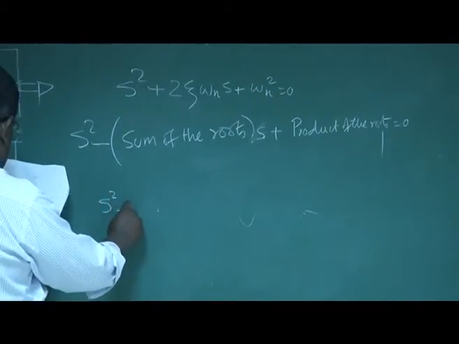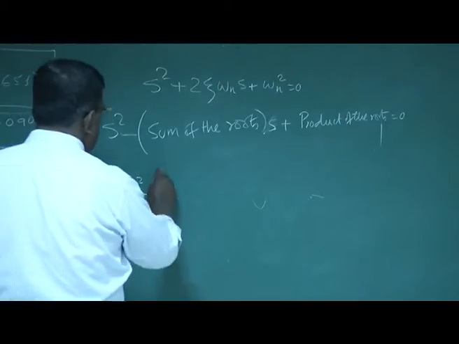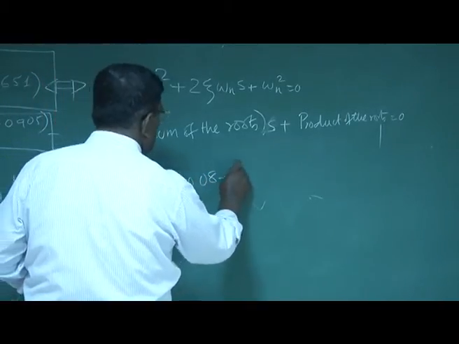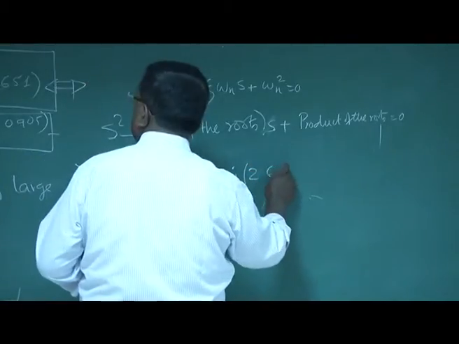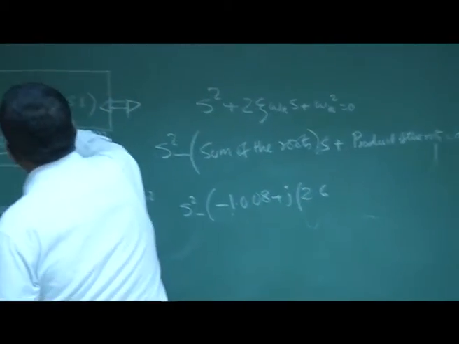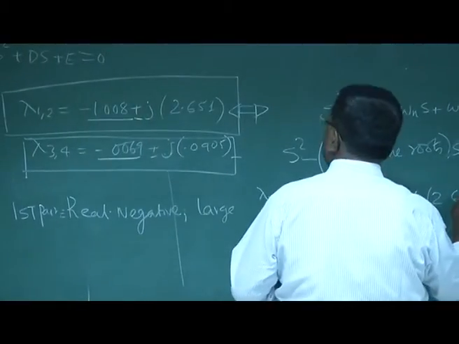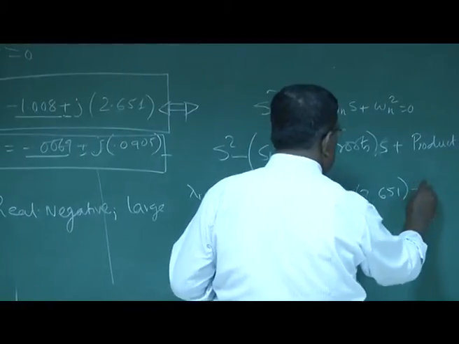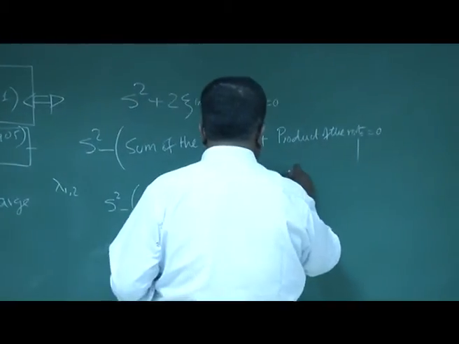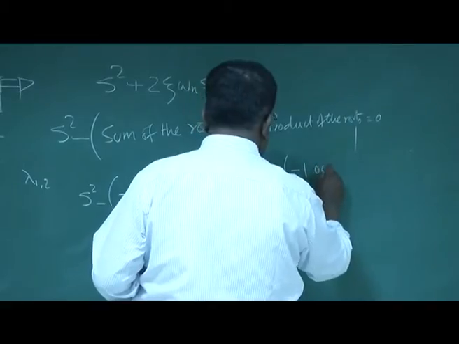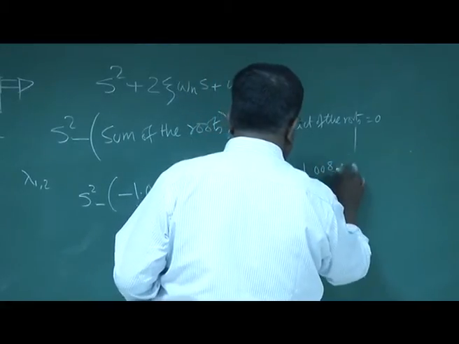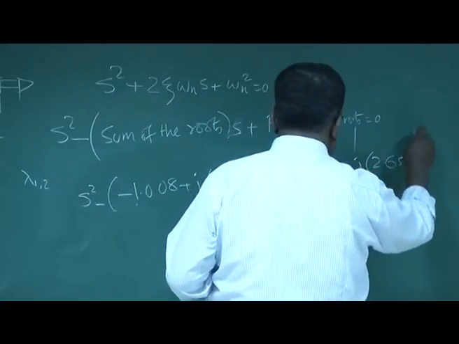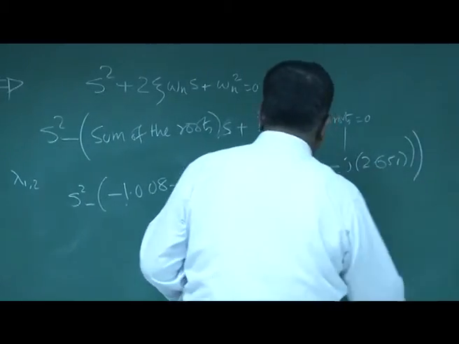So if I take the first root, lambda 1, 2, this equation becomes s square minus the sum of the roots.